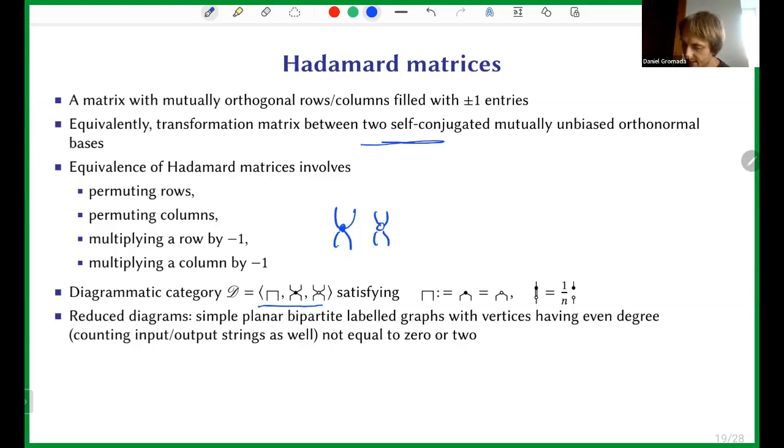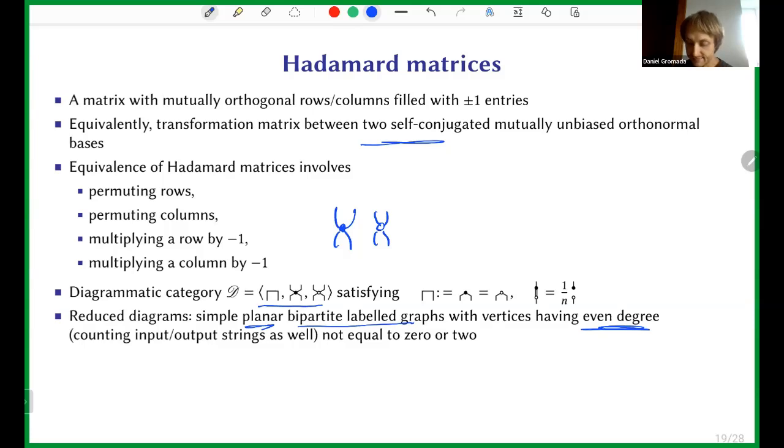And you can figure out the reduced diagrams. As I said, all the nodes are of even degree. Since two spiders of the same kind can be composed, the resulting diagram is a bipartite graph, and that's more or less it. And again, it's planar.